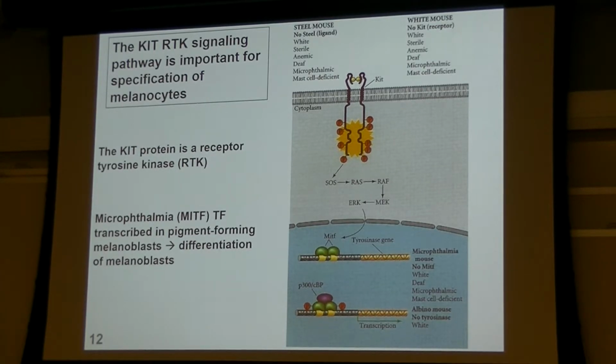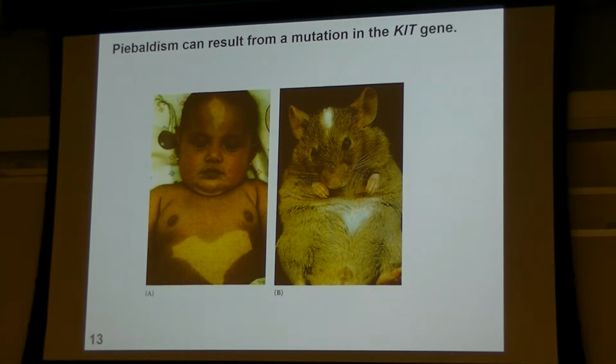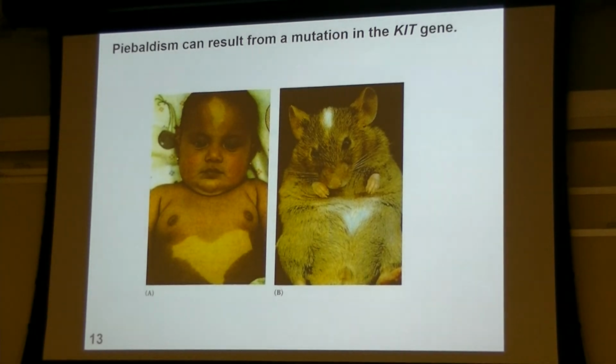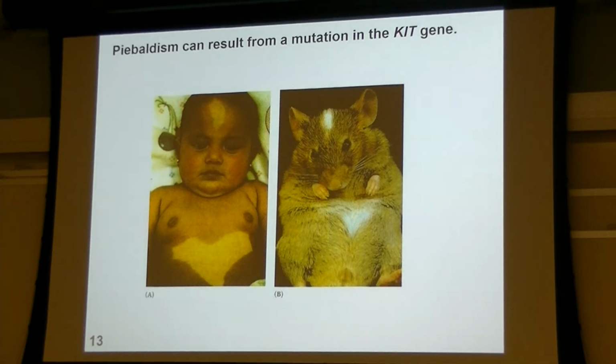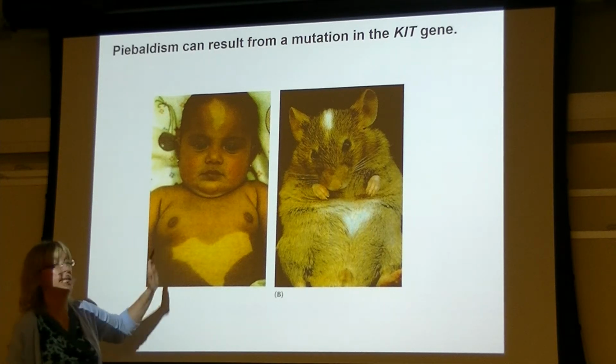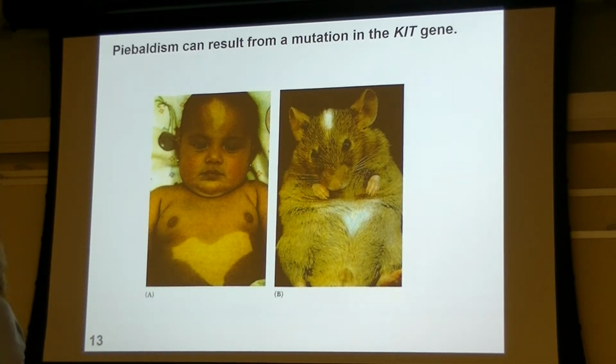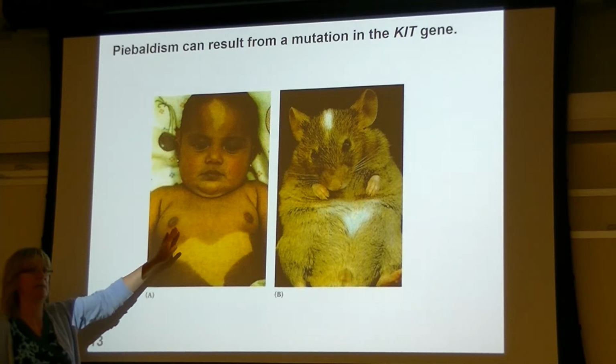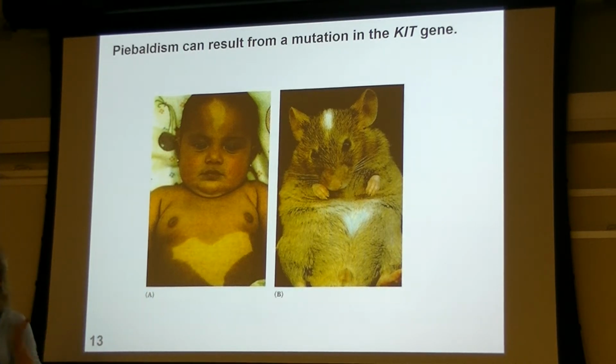So mutations in the KIT gene can give you some interesting pigmentation phenotypes. And this was one of these scenarios where there was this sort of phenotype known in the human population, and it was suspected that a mutation in the KIT gene might cause this. Now, this might not completely eliminate the melanoblasts, but perhaps just reduces their number or reduces their migration.